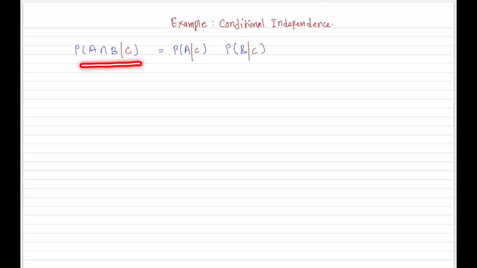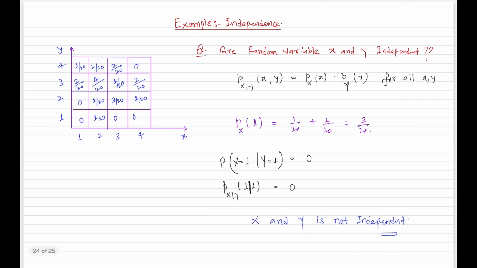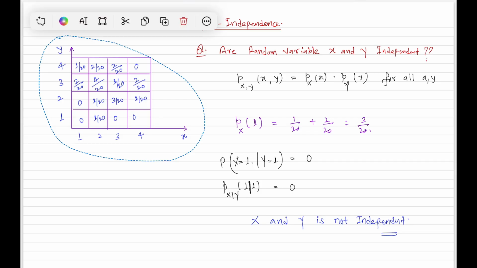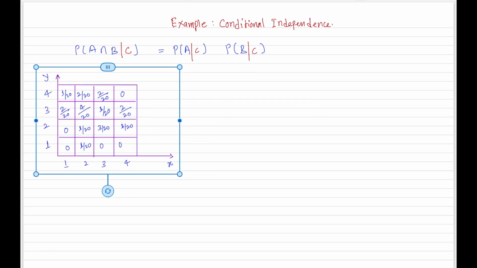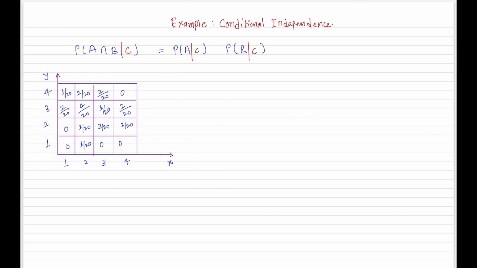So right now we are talking in terms of events. A similar thing can be done when we talk in terms of random variables. So we can directly look at this example. Let me bring this example, and we will see what conditional independence is, and also we will make a very important point.